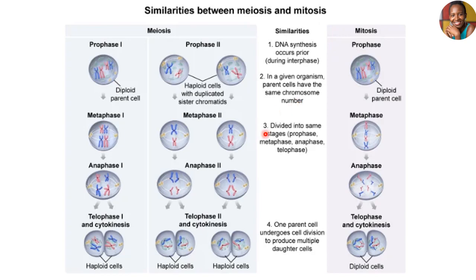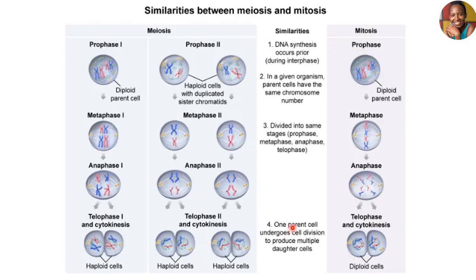Similarity 3 is that in these processes, the division stages are divided into the same stages. They all have prophase, metaphase, anaphase, and telophase stages, and this includes cytokinesis.